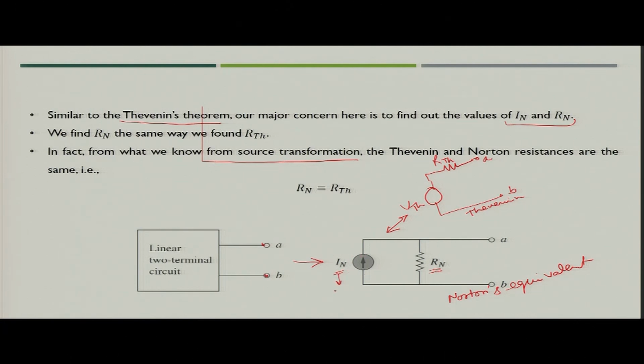So IN is nothing but VTH divided by RTH, in parallel with another resistance RN, which is nothing but RTH. So, using this source transformation technique, you can say that Thevenin resistance is nothing but Norton's resistance.